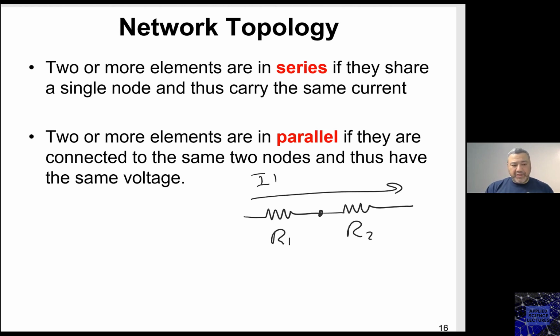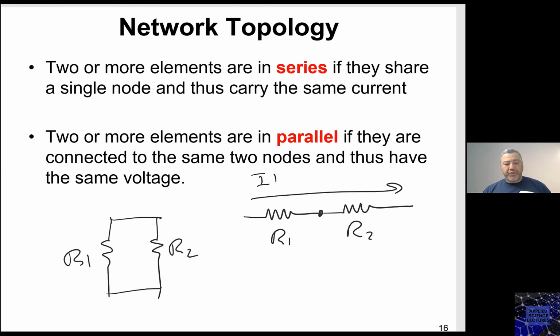Now the same thing here, it's a different feature for the parallel. For parallel, they share both terminals. So if I have here R1 and R2, and both of them are sharing both terminals this way, this is going to result in the potential difference being the same across both of them.